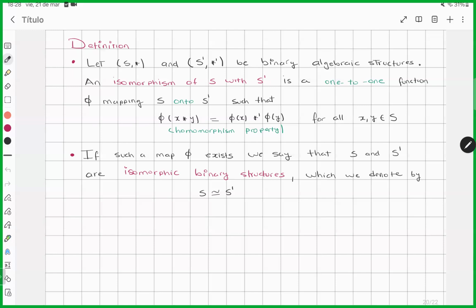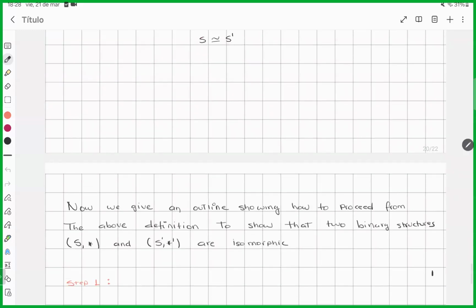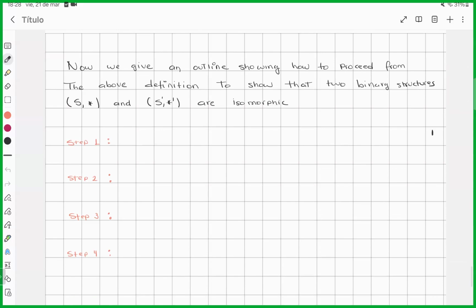Okay, so now we give an outline showing how to proceed from the above definition to show that two binary structures S asterisk and S tilde asterisk tilde are isomorphic.